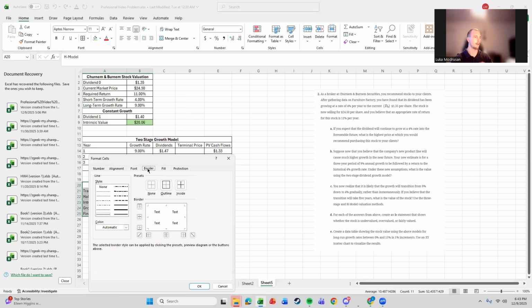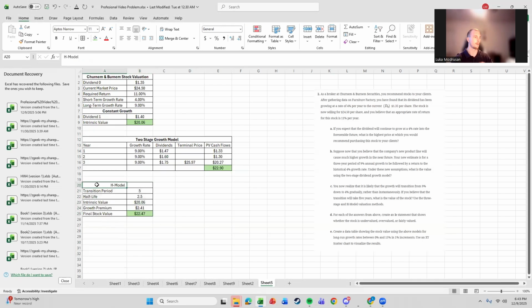And then border, bold. And now we can move on to the 3-stage. And this one, I'm just going to copy this down because it'll be a lot easier.